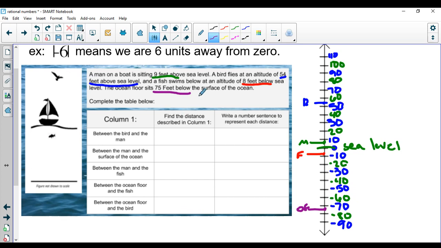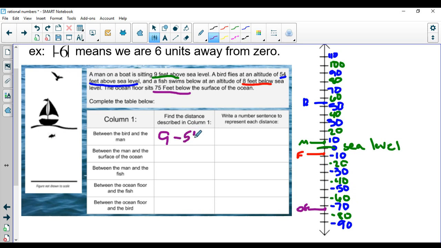So the distance between the bird and the man. The man is this green line here, and the bird is the blue line. My man was 9 feet, and the bird was 54 feet.